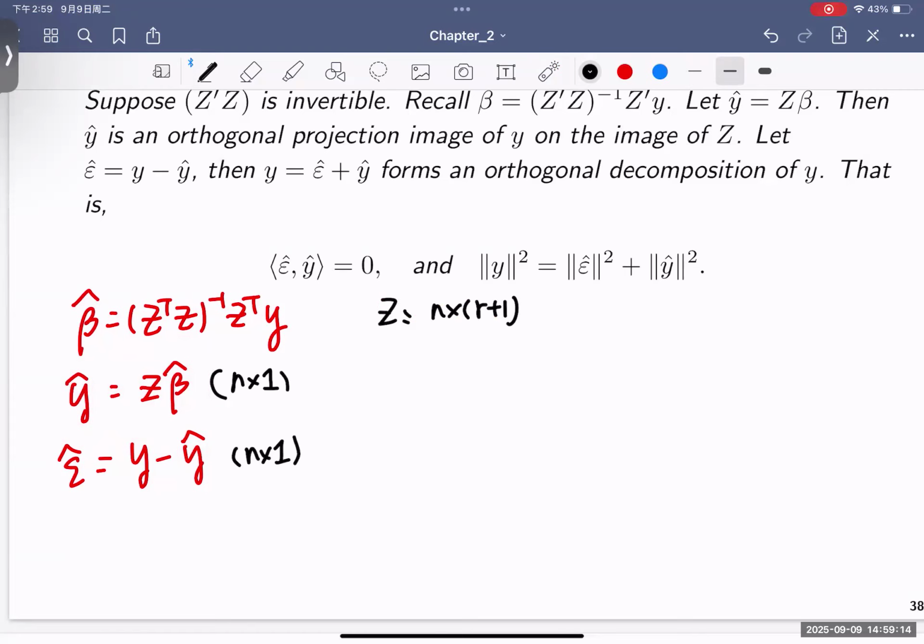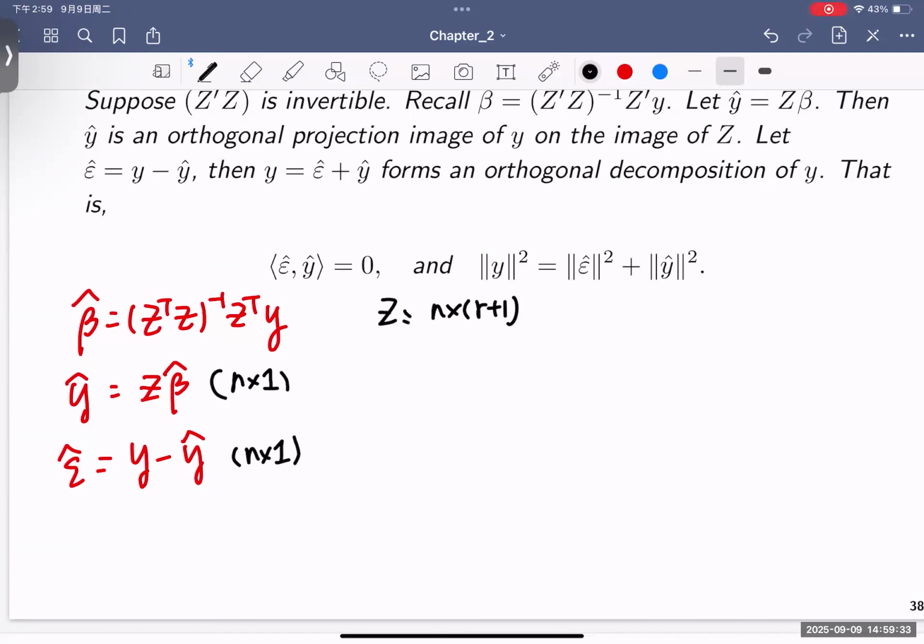Z times beta hat is the first column vector times beta hat 1, plus the second vector times beta hat 2, until the last vector times beta hat r plus 1, and we add them together. That will become our Y hat.